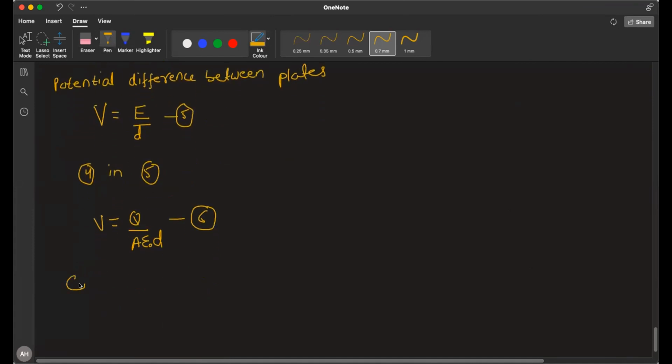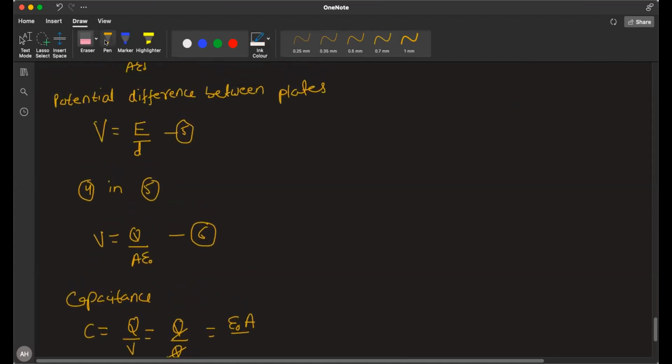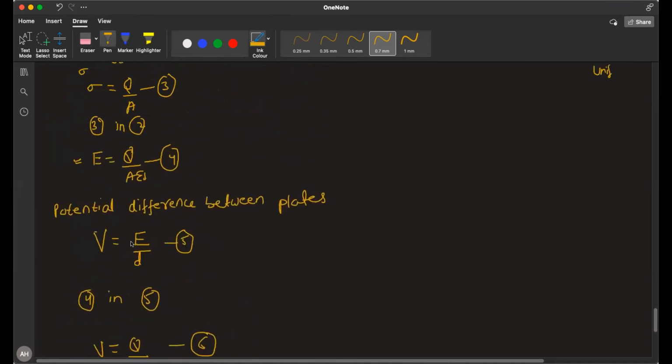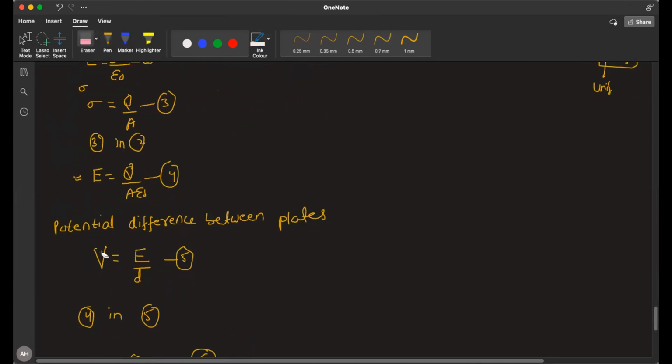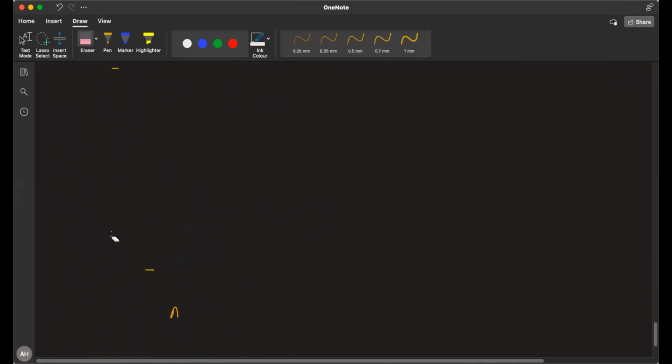So once you have potential difference, you can calculate capacitance. Capacitance C is just the ratio Q by V. Sorry, I wrote the wrong formula.